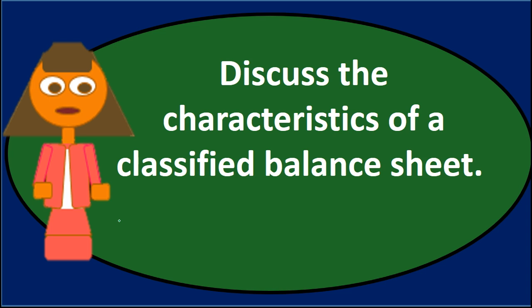Then you could expand on this if it were an essay question with a lot of detail, if you have time to do it. You could say why we would do that. We mentioned earlier that we break this out into more detail rather than just assets, liabilities, and equity. Why would we do that? Because it's helpful for decision making, meaning we can do a lot more useful ratios by comparing current assets and current liabilities.